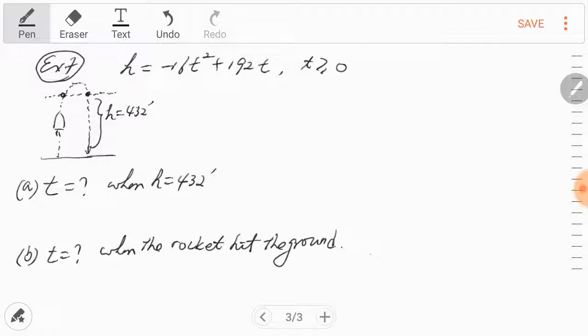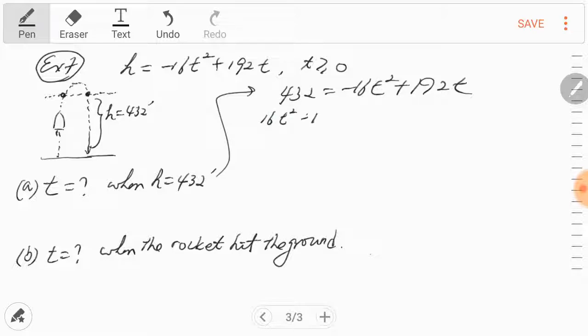So the rocket reaches the height of 432 feet above the ground. Okay, then this is just plugging in 432 for h, right? Then solve for t. So move all terms to the left. Then 16t squared minus 192t plus 432 is equal to 0.